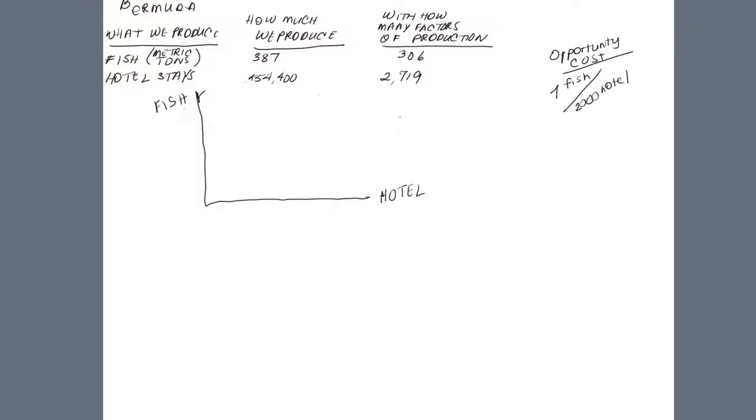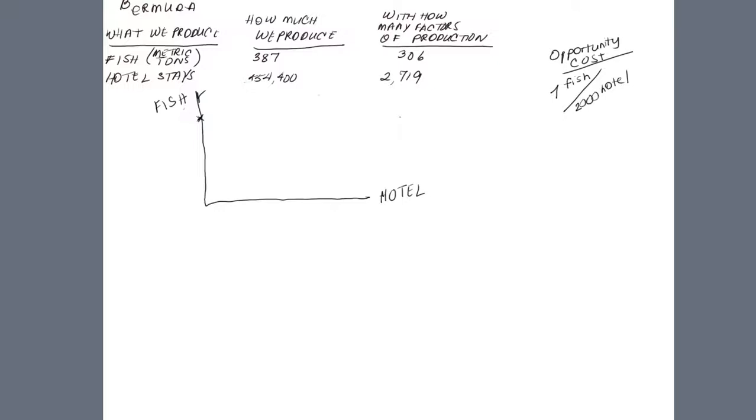Those points represent, for instance, if we had a point right here, this would be the point where all of the hotel workers had become fishermen and were producing metric tons of fish. So this is the value of how much fish they caught if everybody is just a fisherman.